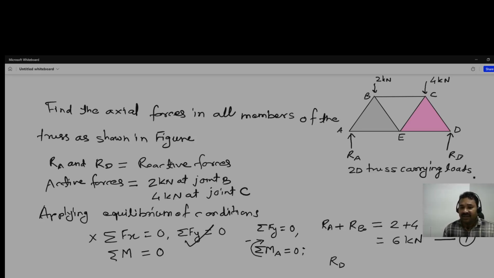So one can see, if suppose at the joint D a force RD is being applied here, it will try to rotate about A, so this RD will try to rotate it anti-clockwise. So anti-clockwise we are taking positive.